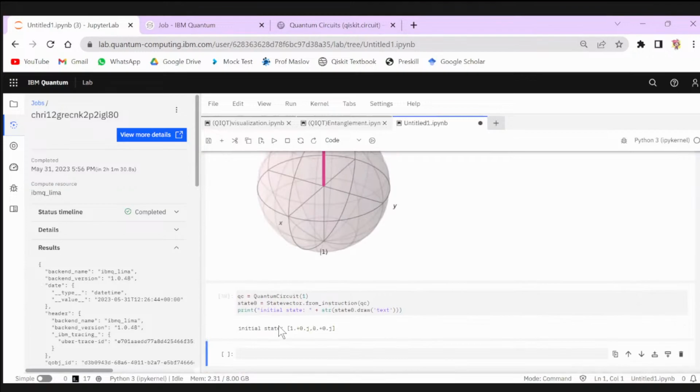So at first, that initial state, then let's try to apply an X gate. Then consider this is the first state.